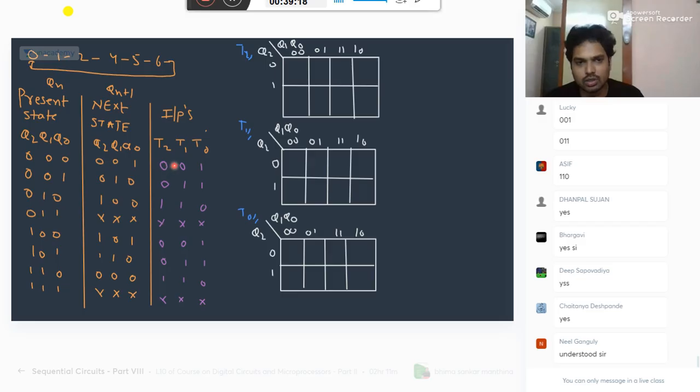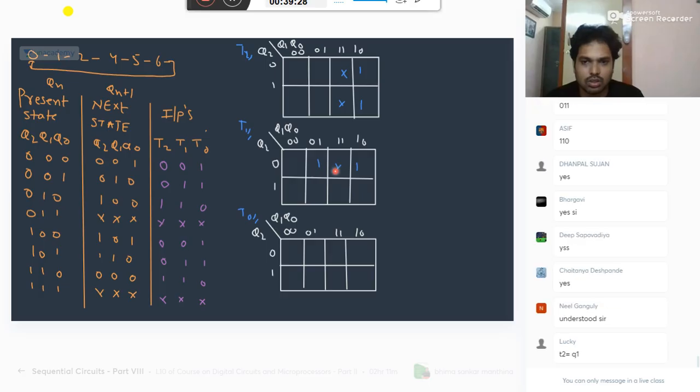It is 0, 0, 1 cross and 0, 0, 1 cross. Here 0, 1, 1 cross and 0, 1, 1 cross. Lastly, 1, 1, 0 cross, 1, 1, 0 cross.